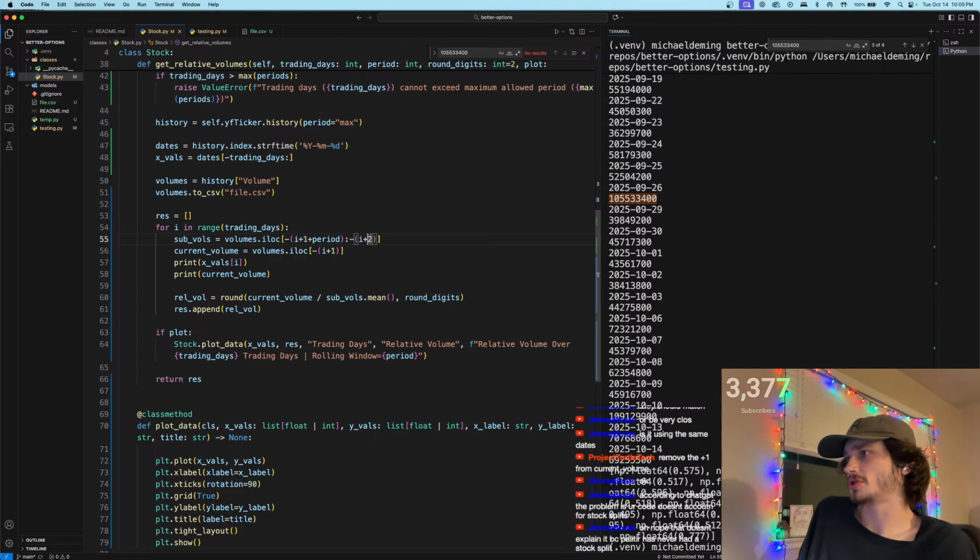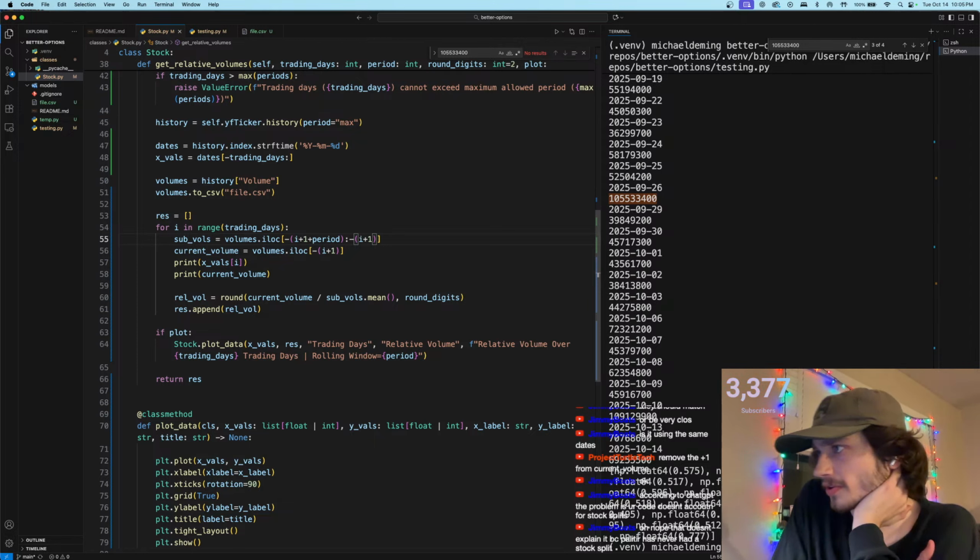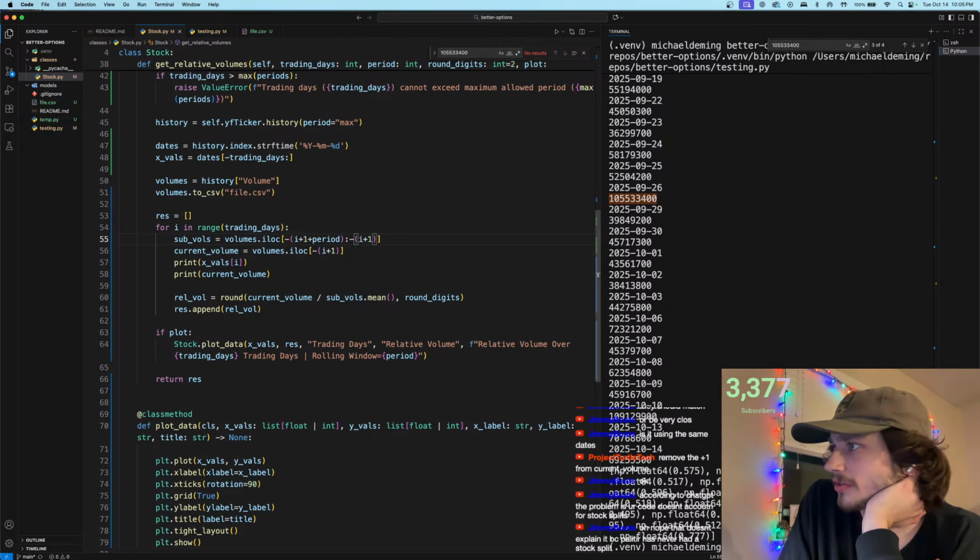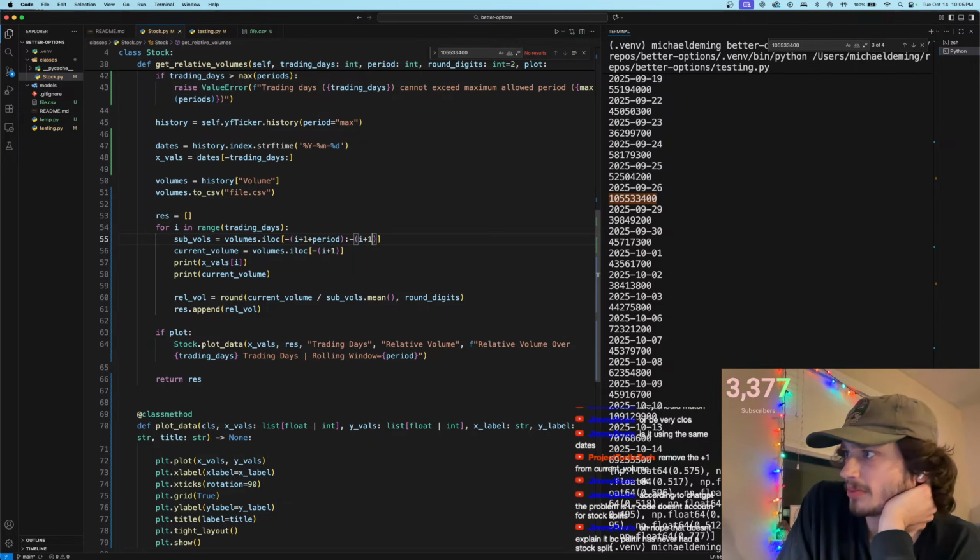Do we need a plus 2? No. So the current volume is volumes.loc of the index for negative i plus 1. On the 0 loop, this would be the negative first index, the last value in the list, which will be for the 14th, which is today.